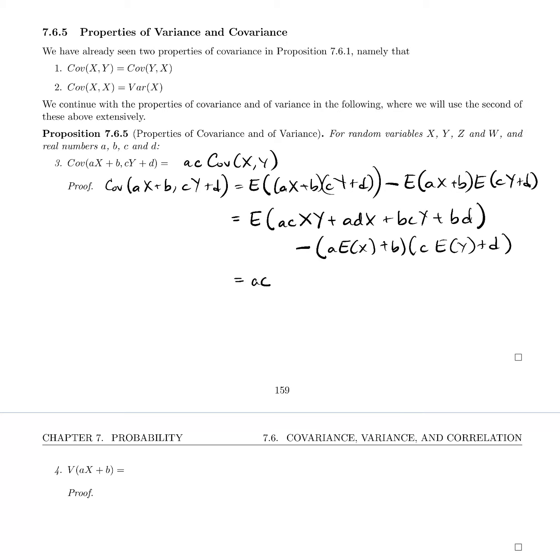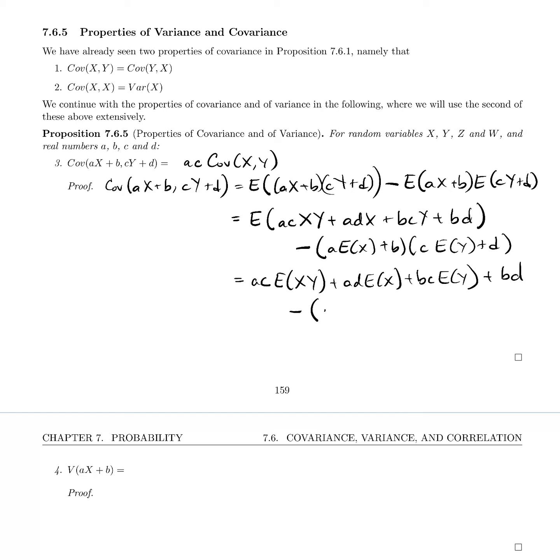So we get ac times the expected value of XY plus ad times the expected value of X plus bc times the expected value of Y, and the expected value of a constant is a constant, minus, and then we will multiply through these two parentheses.